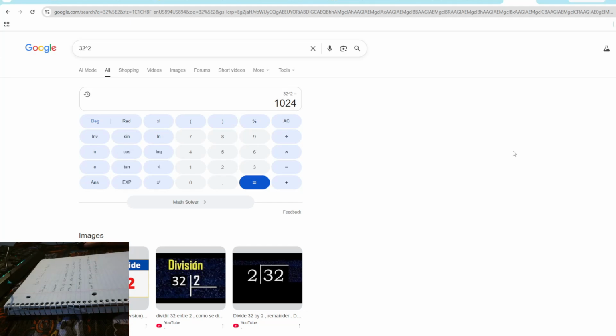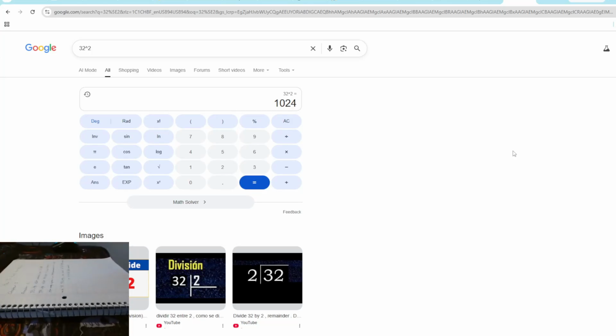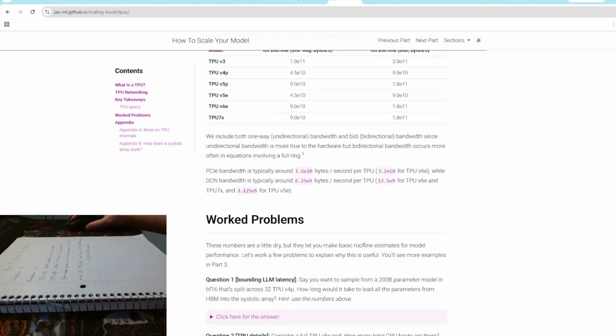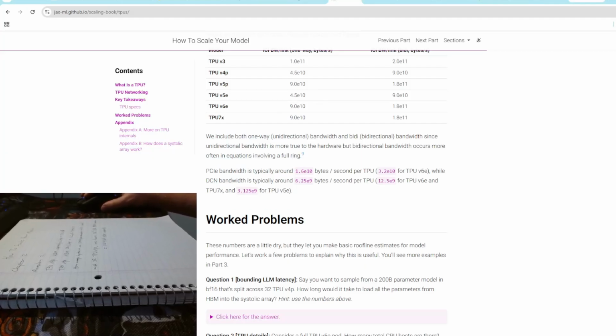Alright. Let's move the camera down a little bit just in case. Next, back to this. Let's make this a little bigger too, so y'all can see a little easier.